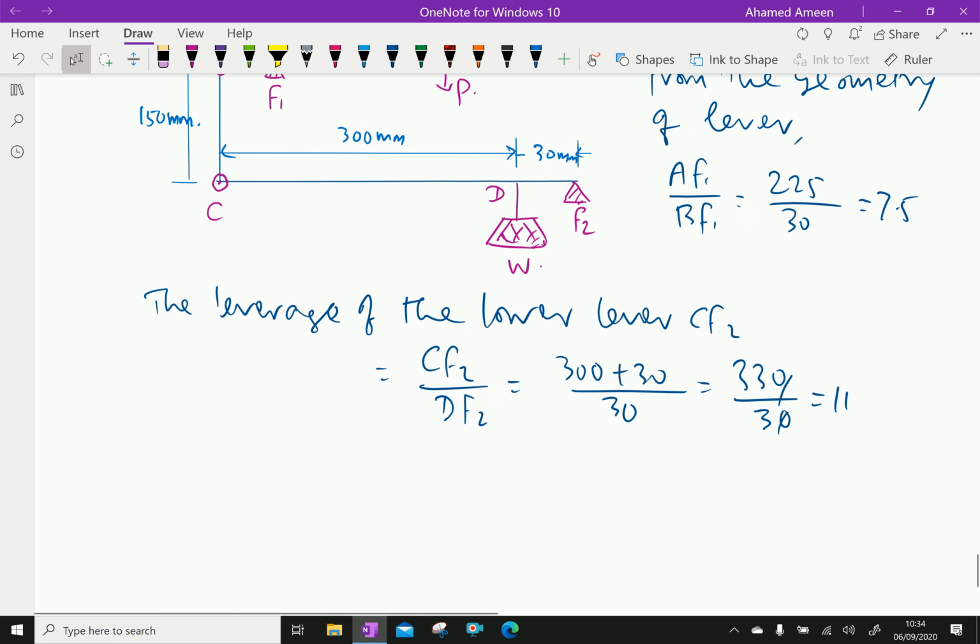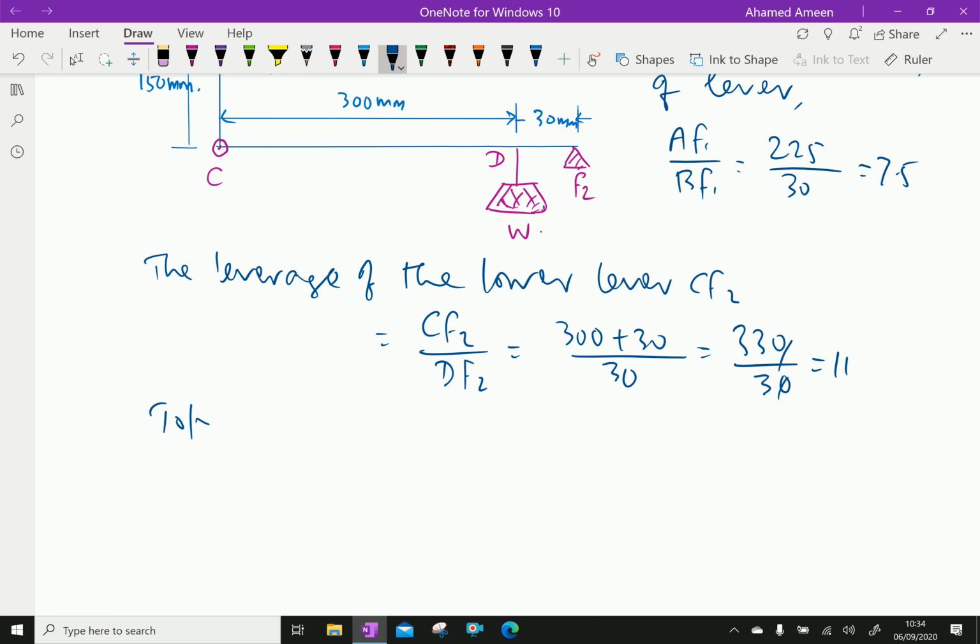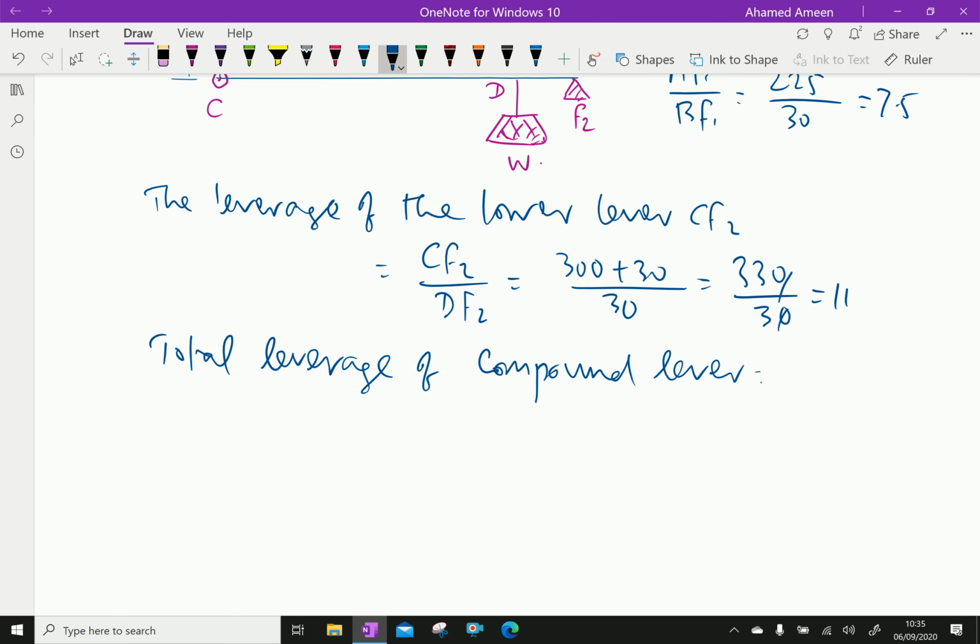Total leverage of the compound lever equals leverage of link 1 into leverage of link 2.